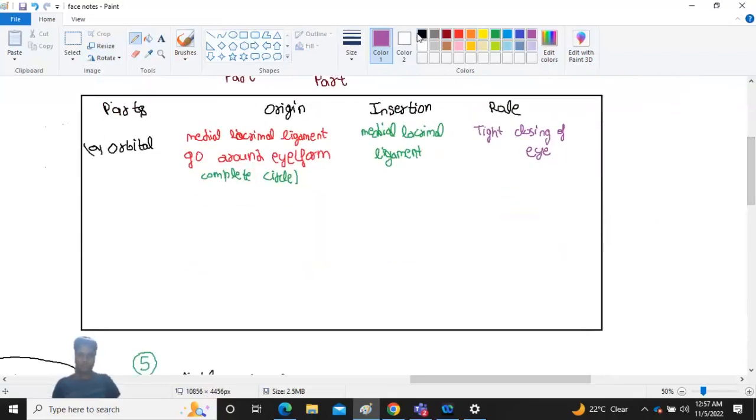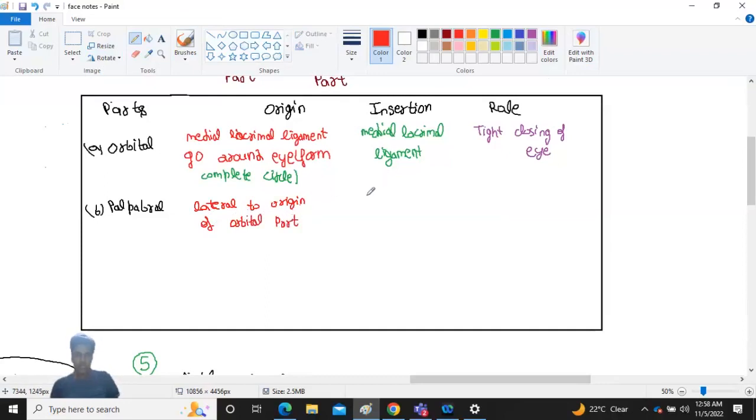The next part is the palpebral part. This is slightly lateral to the medial lacrimal ligament, lateral to the origin of the orbital part.